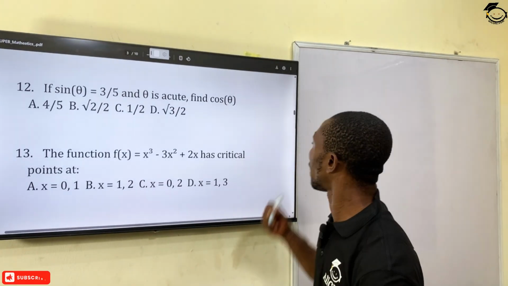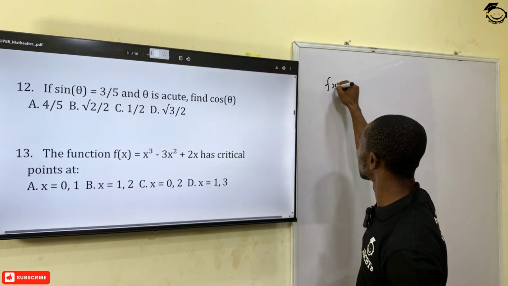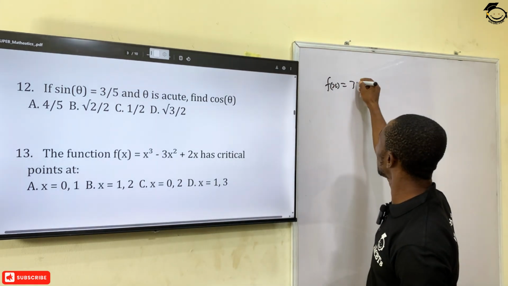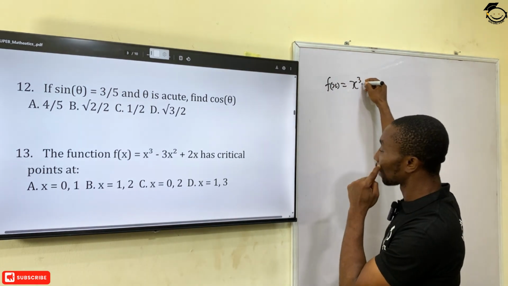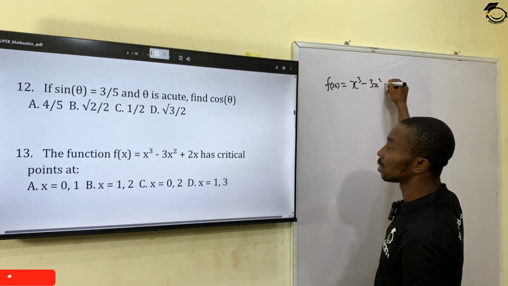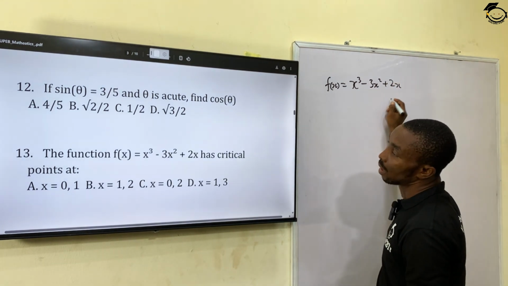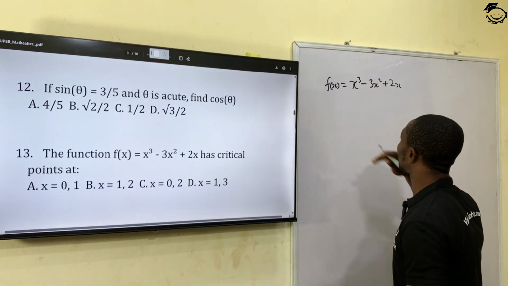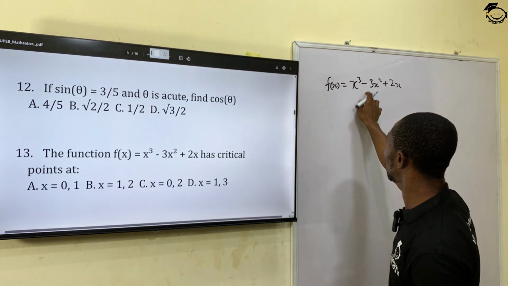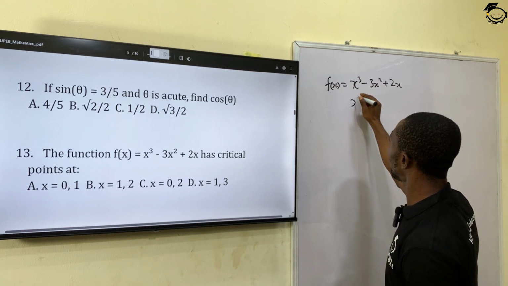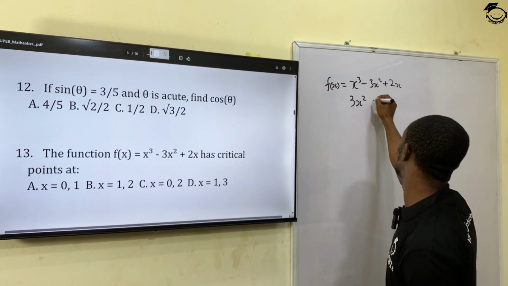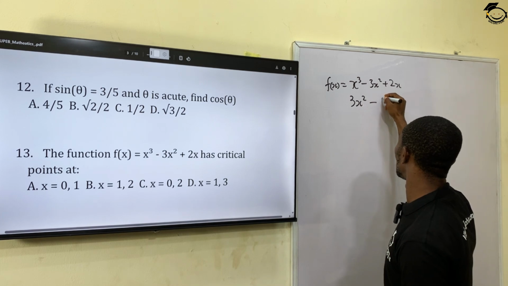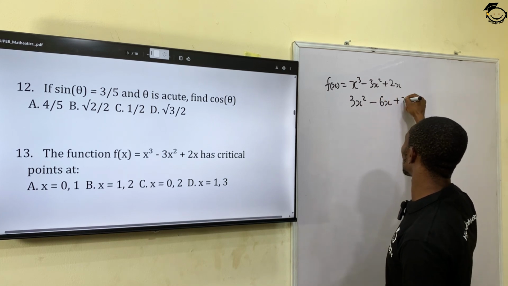The function f of x equals x raised to the power 3 minus 3x squared plus 2x has a critical point at what position? Now, for us to solve this, we first of all differentiate this. If we differentiate this, this becomes 3x squared minus 6x plus 2.